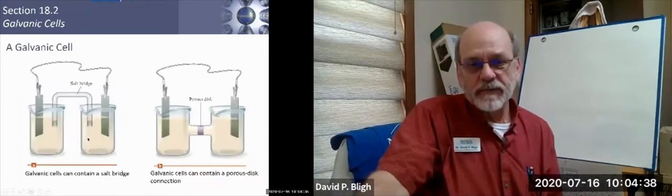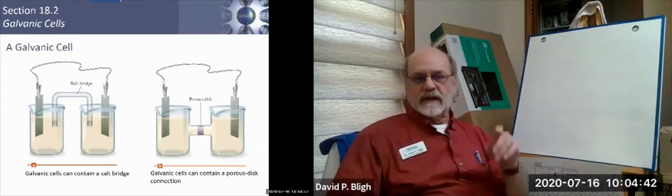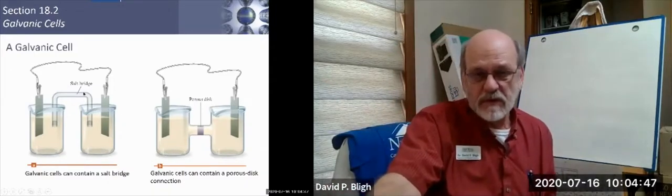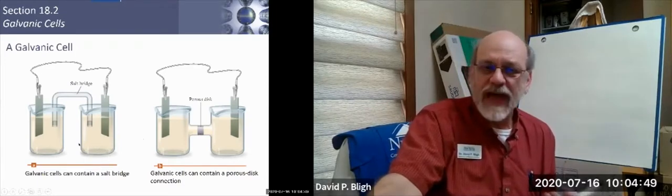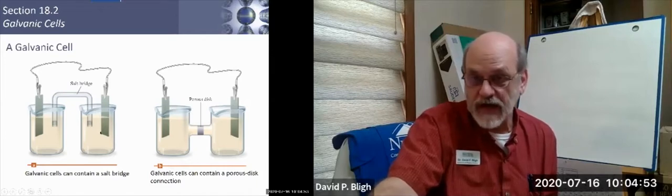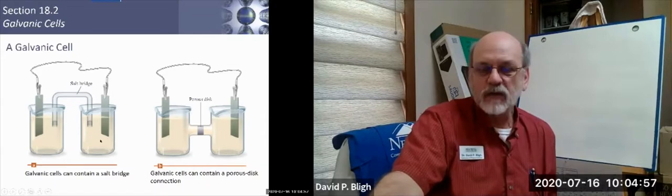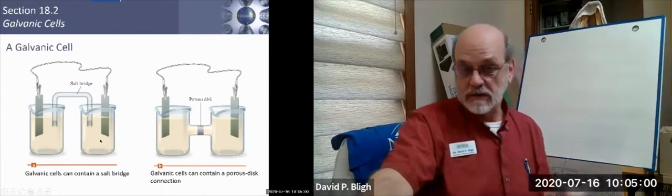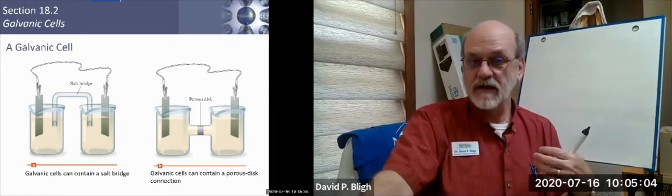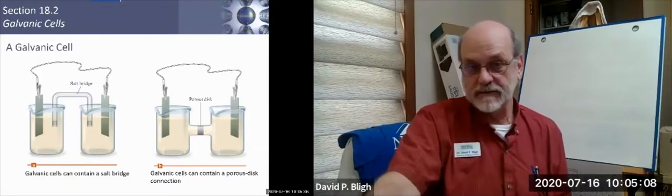So here are possible solutions. In each one of these cases, you have one half reaction on one side, the other half reaction on the other side. So we separate the half reactions and we give them an external pathway for the electrons to travel and the ions to be exchanged, right?